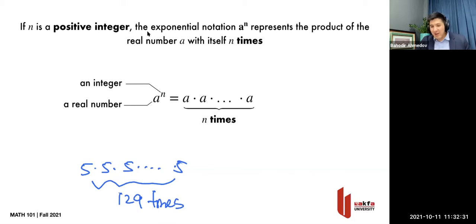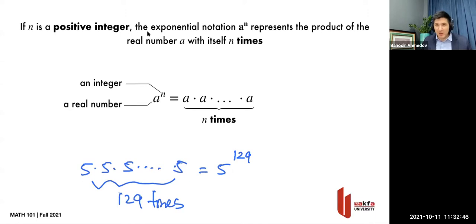So mathematicians figured out, hey, why should we just write 5 129 times? Isn't it better to just say that 5 is written 129 times in this way? And then they came up with the idea of exponential numbers.